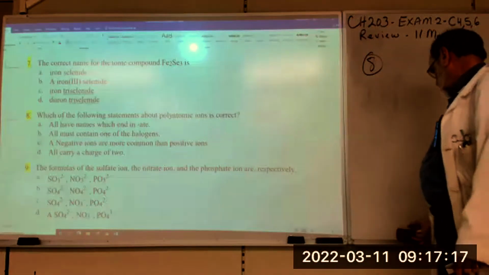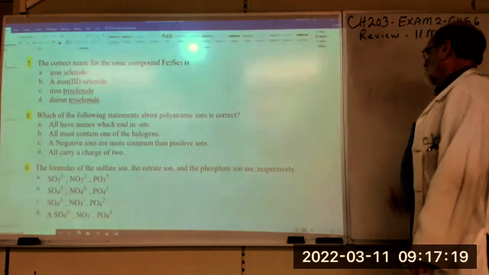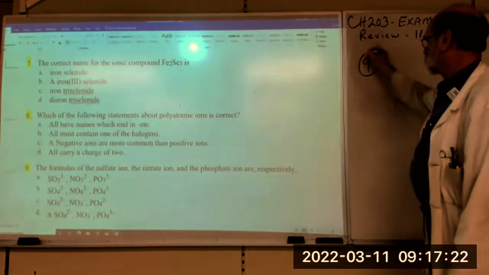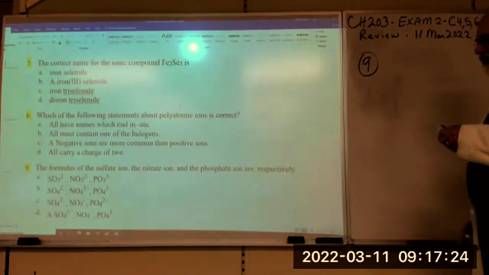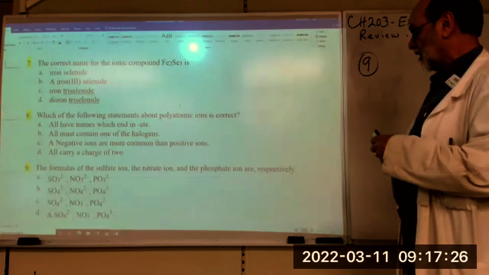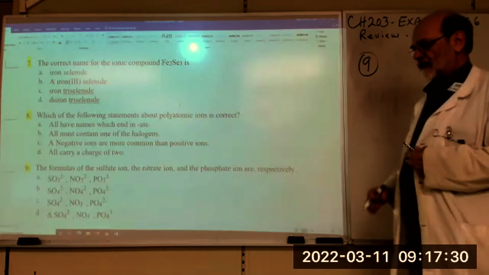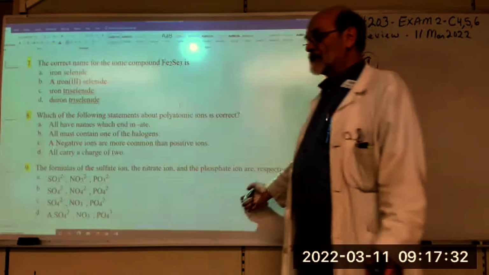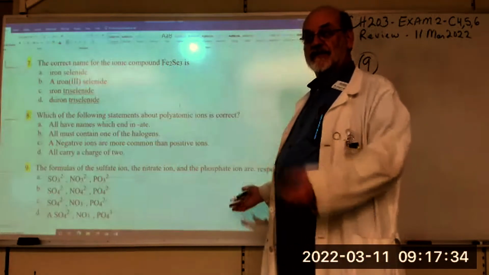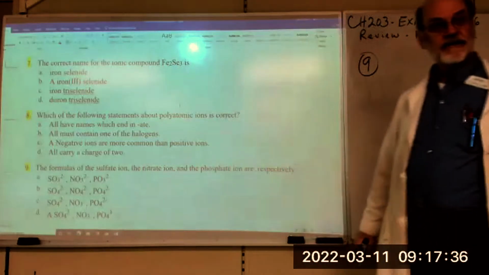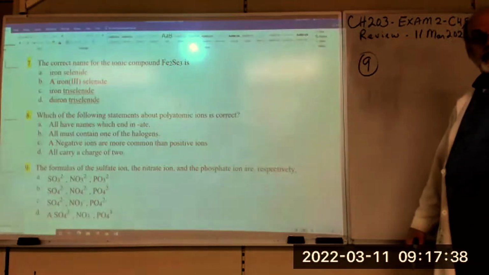Number 9. The formulas of the sulfate ion, the nitrate ion, and the phosphate ion are respectively. Okay, so in this case, since I'm giving you the polyatomic chart, you just look them up. You could remember them if you use them enough.